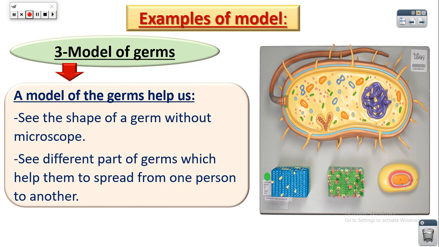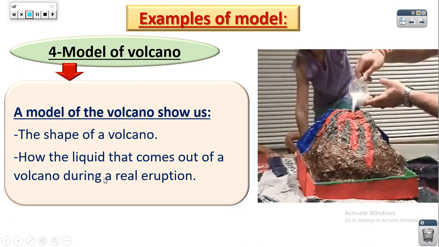So the germs are very small and we cannot see them, but we can make a model of a germ that allows us to see the shape of the germ and the components of the germ and understand how germs spread from one person to another. So the model of the germ allows us to see the shape of the germs, their components, and how they spread from one person to another.